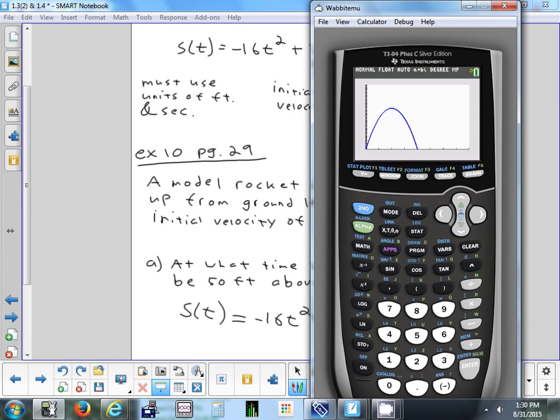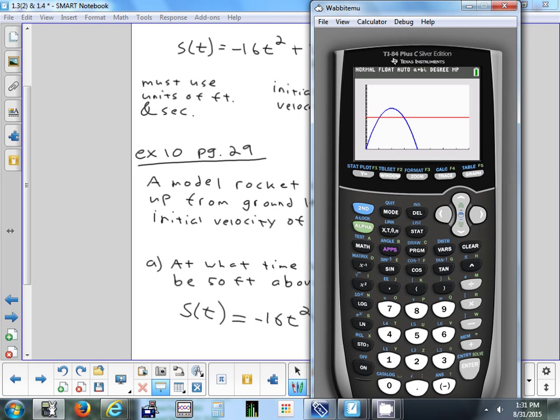Okay, so that seems pretty good. There's the path of our rocket, and I want to know where it's above 50 feet. Okay, so what I'm going to do is I'm going to put a line in at 50. And now everywhere in blue that's above that line, that's where the rocket is above 50 feet. So how can I find those 2 time values? Yeah.